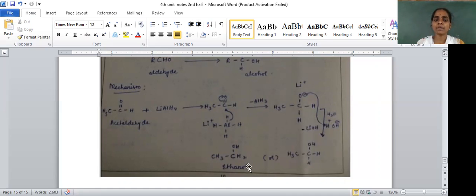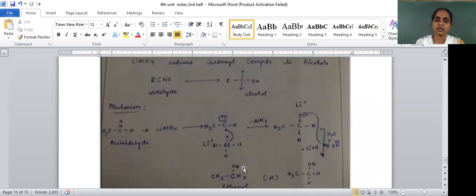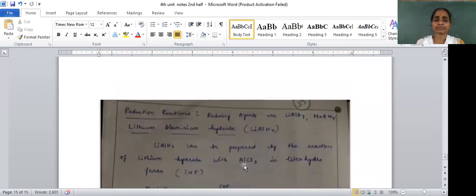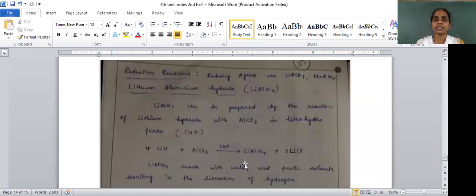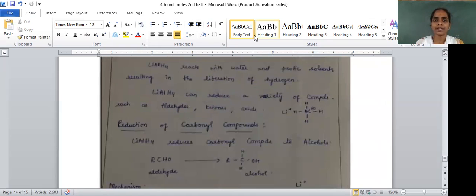The IUPAC name is ethanol. These are some of the reduction reactions with aluminum hydride. The oxidizing agents are potassium permanganate KMnO4 and chromic acid, and the reducing agents are lithium aluminum hydride and sodium borohydride. So that is how it works. Thank you, students.